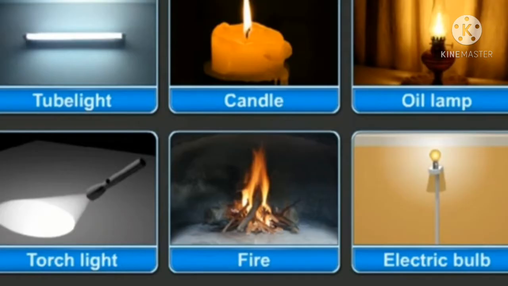Some examples of artificial sources of light are candles, oil lamps, electric bulbs, compact fluorescent lamps, and tube lights. Candle and torch are made by us and are called artificial sources of light.